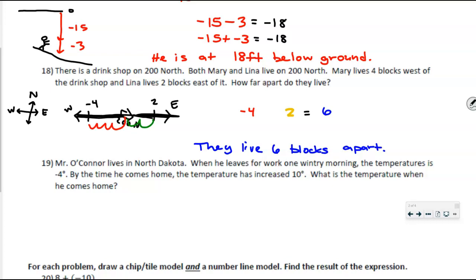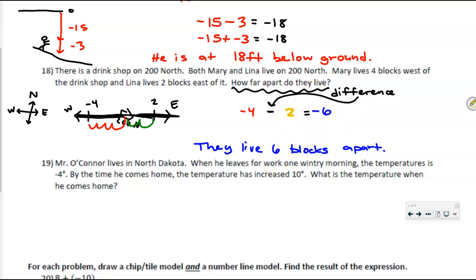We need to subtract. When I'm asking how far apart do they live, I'm asking what is the difference? How far away are they? What's the difference? And that means we are going to subtract. Now, -4 minus 2 is actually equal to -6, but does that still answer the question that they're 6 blocks apart?